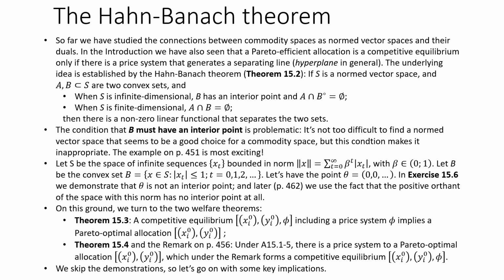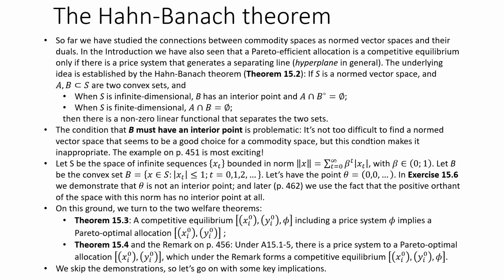We can always find points in the neighborhood of the 0 point that lie outside the unit ball of the space, and later we will use the fact that the positive orthant of the space with this norm has no interior point at all.